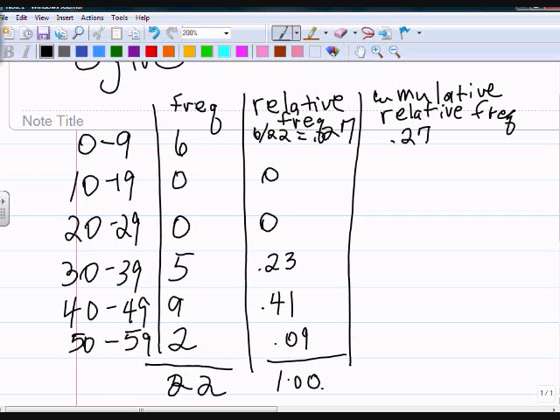For the second row, the 10 to 19 row, it's 0.27 plus 0. For the third row, it's the previous sum plus that 0.